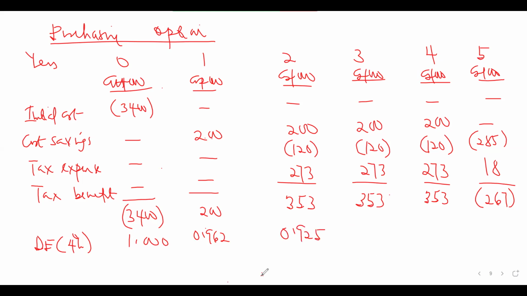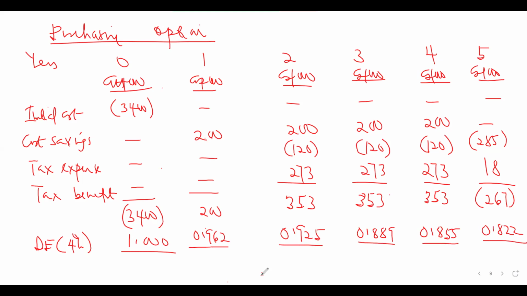Third year is 0.889. Fourth year is 0.855. Last year, the fifth year, is 0.822.